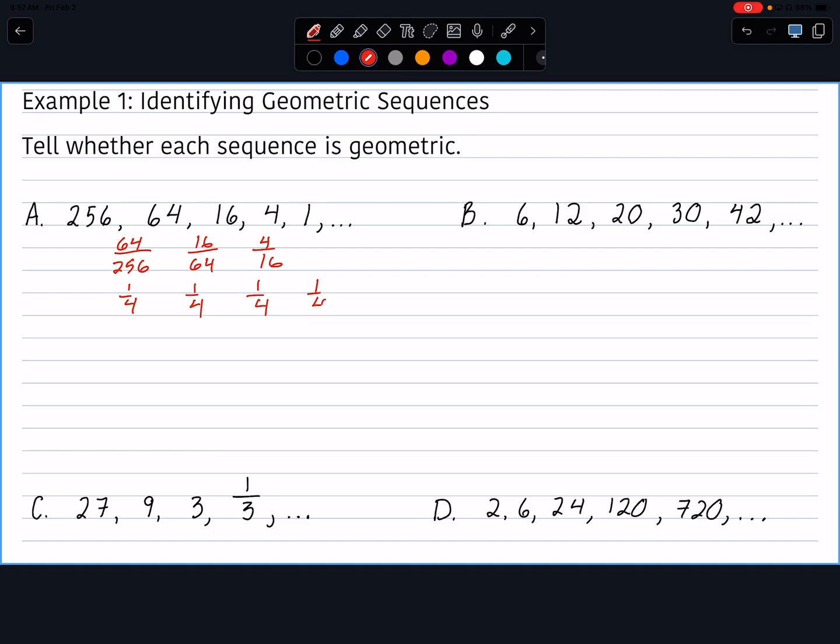So, because this quotient is the same every single time, this is geometric. So my conclusion, this is a geometric sequence.